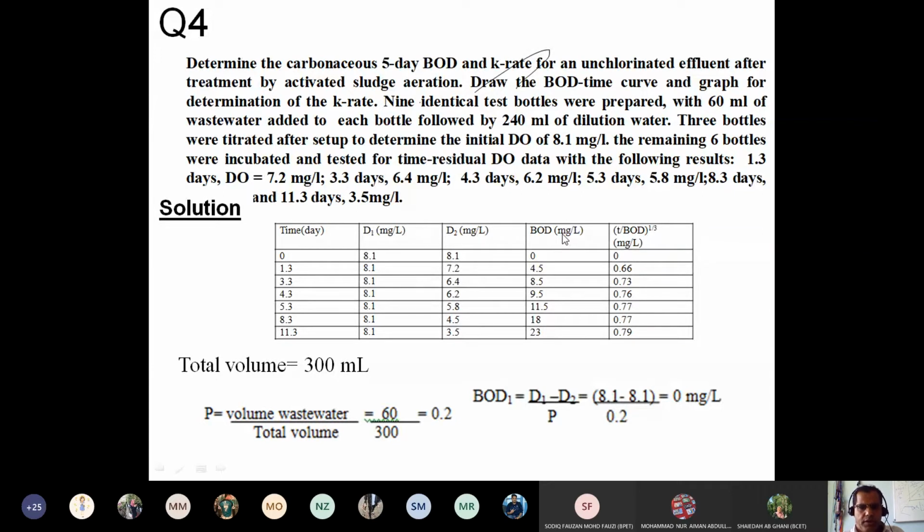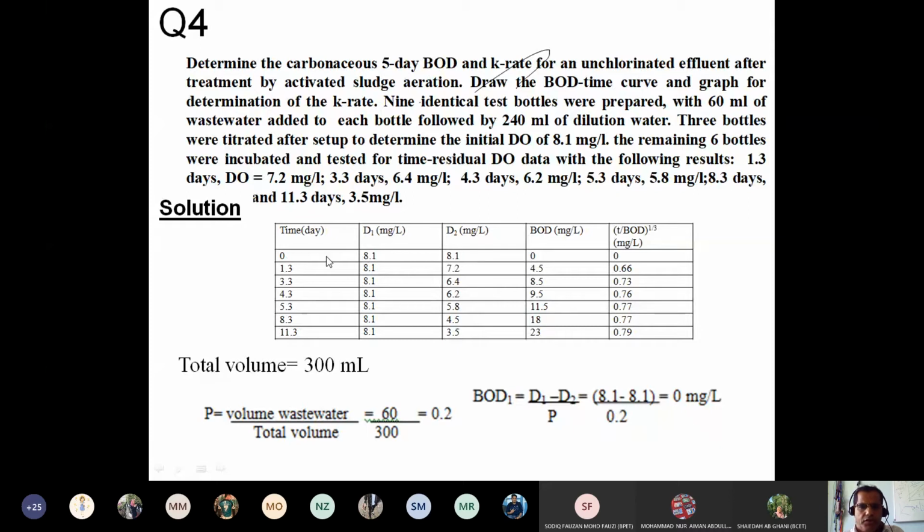How to calculate BOD? In the beginning, you calculate P. We have the volume of the sample, 60, divided by 300, the total volume of the sample. You will get 0.2. To calculate BOD1 here will be 0, right?